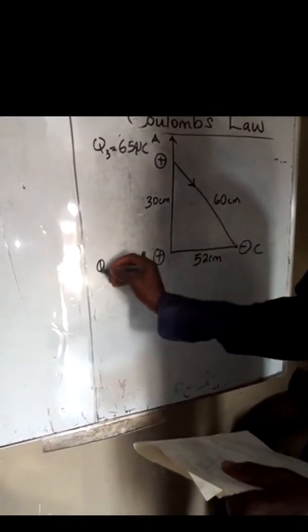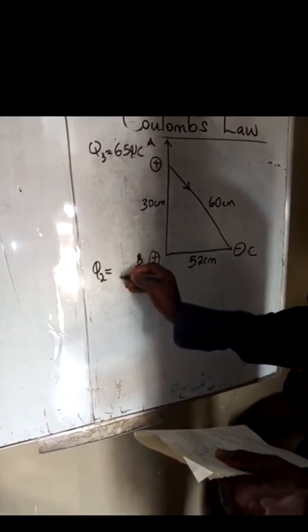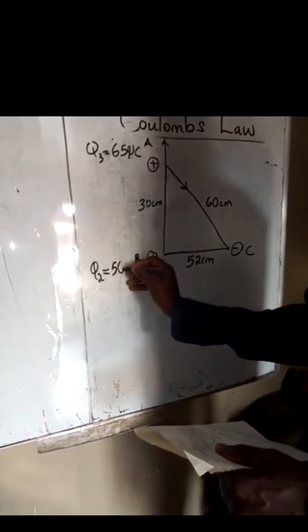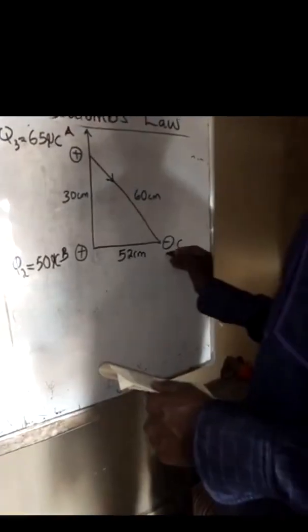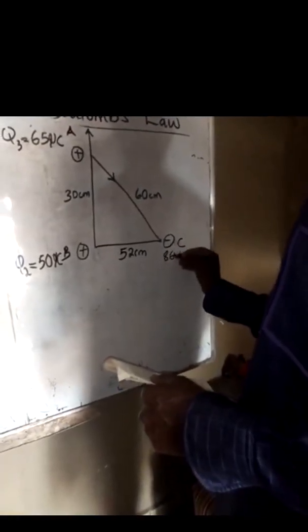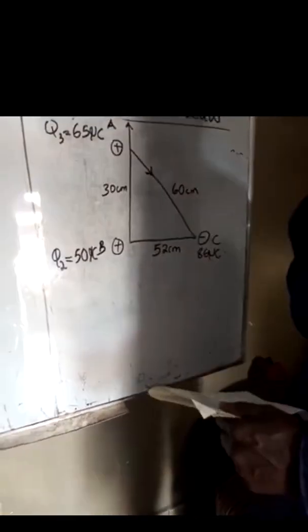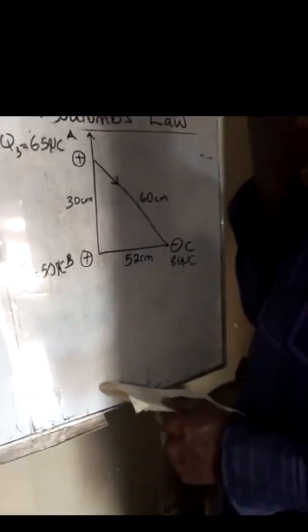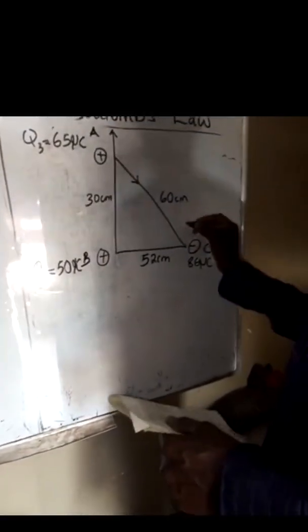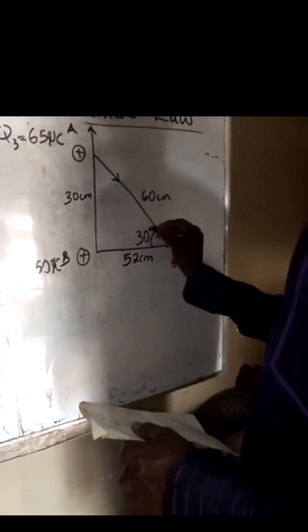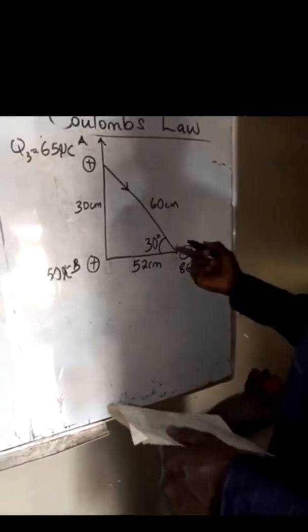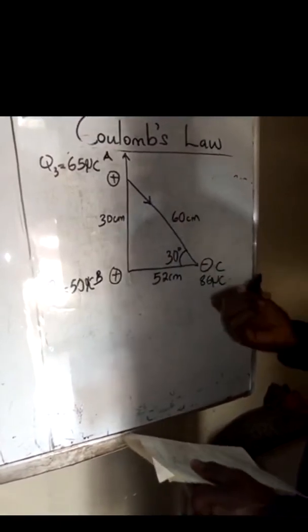Our Q2 is 50 microcoulombs, while our Q1 is 86 microcoulombs. You get it? Now having identified that, don't forget also that this angle is 30 degrees. Now if this angle is 30 degrees, we can determine our resolution.